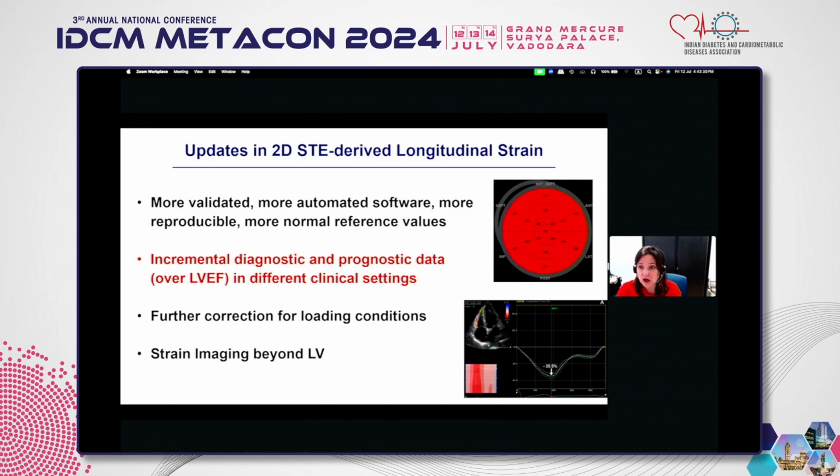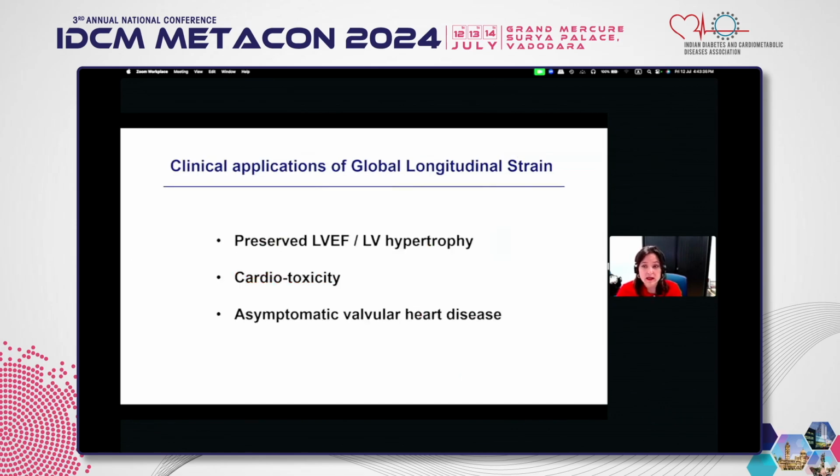And this is beyond left ventricular ejection fraction, which of course is an important measurement, but has a lot of limitations. This is why I would like to give you a small overview of the application of this measurement, especially in the setting where ejection fraction is normal. You think that the patient has a normal systolic function, but actually there is an important impairment going on, and it would be important to detect that.